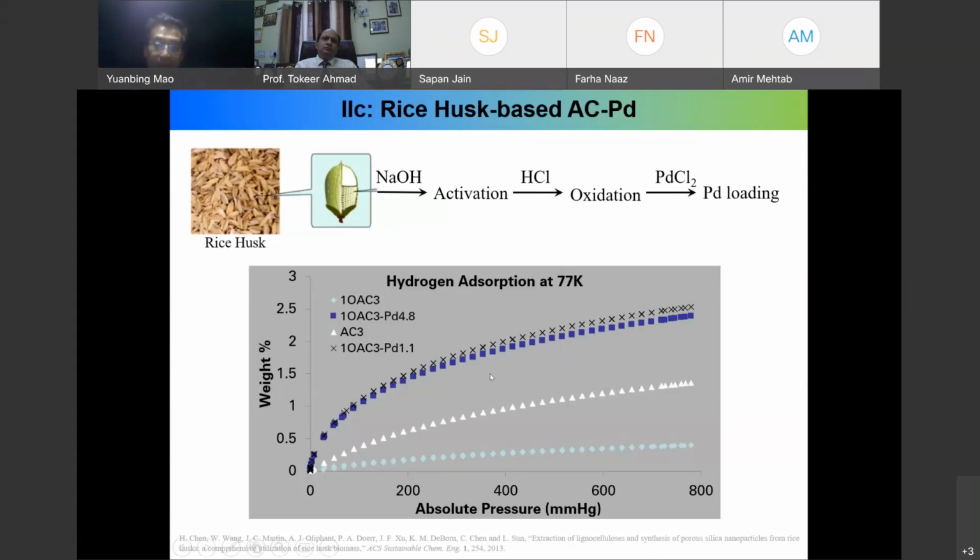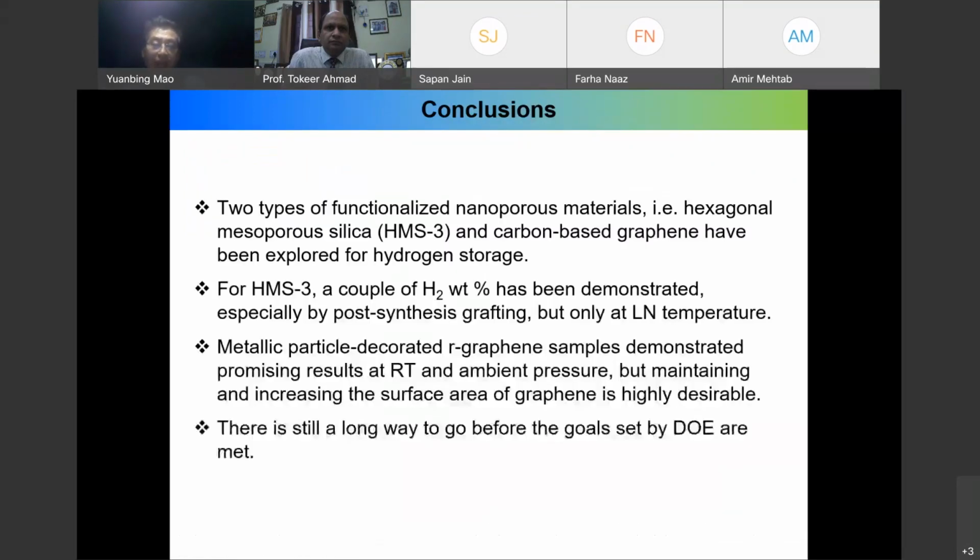And then we did the hydrogen adsorption at 77K, and the values here are actually pretty decent, right? You see here is about 2.5. But again, the measurements were done at 77K. So that's the other thing.